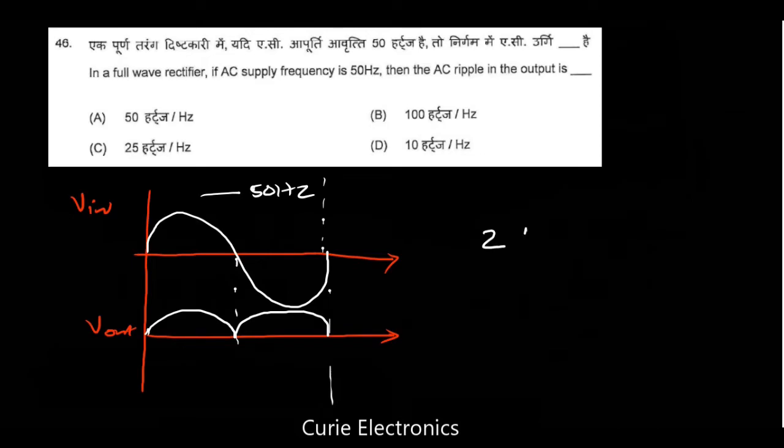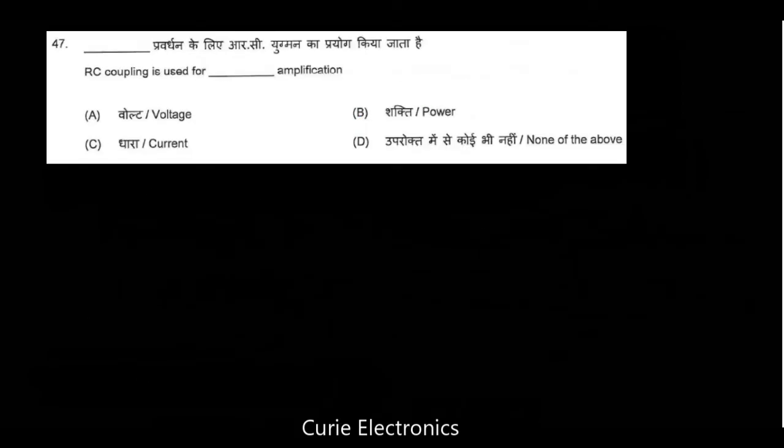So 2 times F in equals the ripple frequency for a full wave rectifier. Here the input frequency F in is 50 Hertz, so the ripple frequency is 100 Hertz. Option B is the right answer.